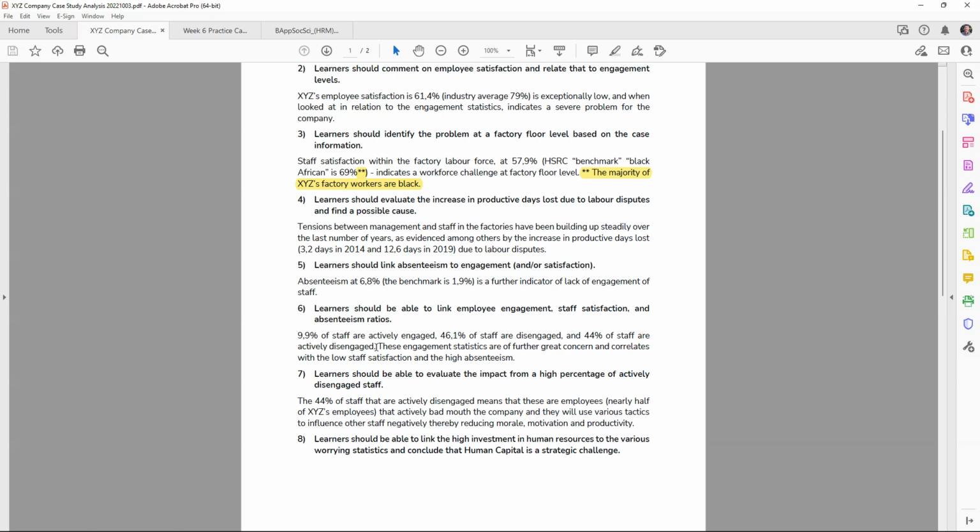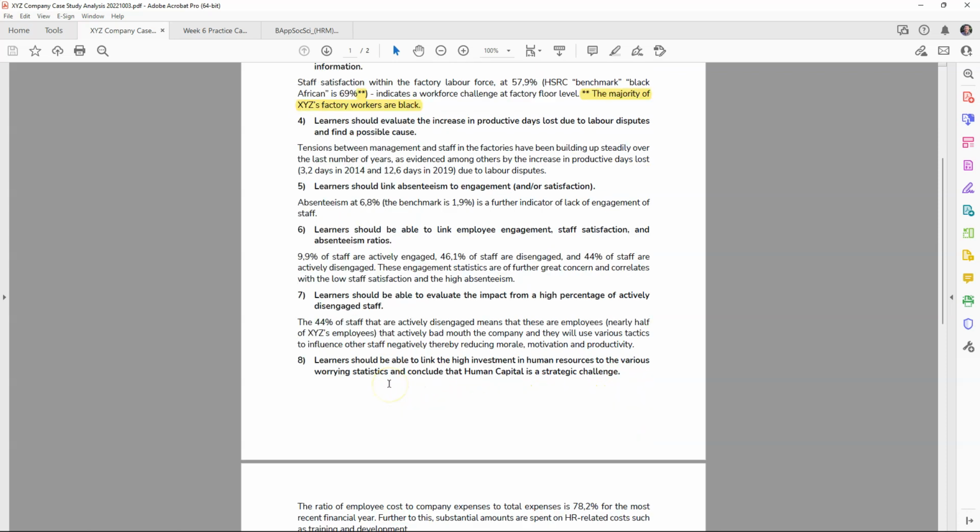Okay, so these engagement statistics are of further concern and correlate with the low satisfaction and high absenteeism. And I actually have already spoken to the learners should be able to evaluate the impact from a high percentage of actively disengaged staff, so you can read what I've written there. They actually badmouth and they're reducing morale, motivation and productivity, and what I didn't put in here was the issue that possibly even sabotage could happen.